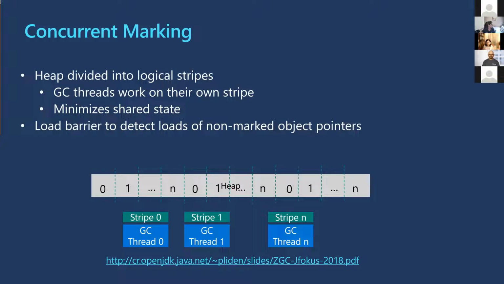And the way we try to do that, especially if there's a load to a non-marked object, and it goes back to your question, Chandra, you need a load barrier. The load barrier will detect loads of non-marked object pointers. In this case, it would be a self-healing load barrier. It could be that the object is already in the queue of a GC thread, so then the GC thread will take it. Or if it's not in the queue, then it may be enqueued by the healer.